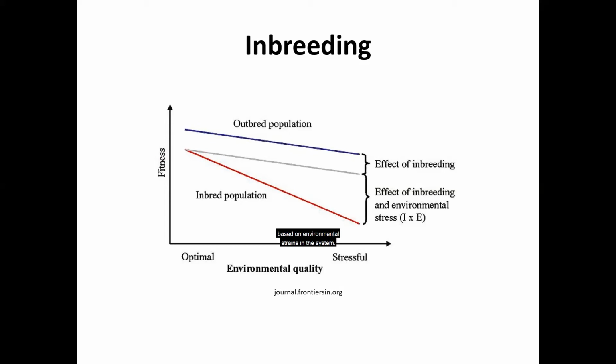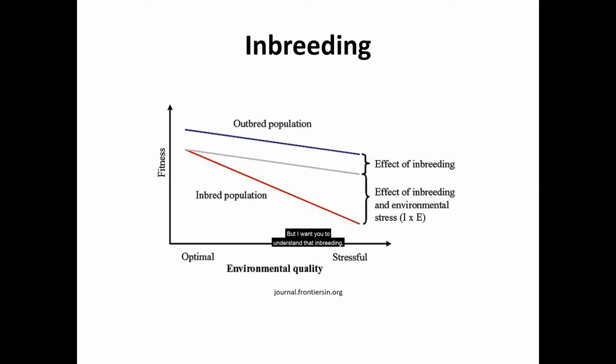But many times, inbreeding affects fitness traits most noticeably, and it's going to affect them differently based on the environmental strains in the system. As an environment becomes more stressful or more challenging, inbred animals are going to suffer a little bit more because they lack more of that heterozygote advantage for the fitness traits.